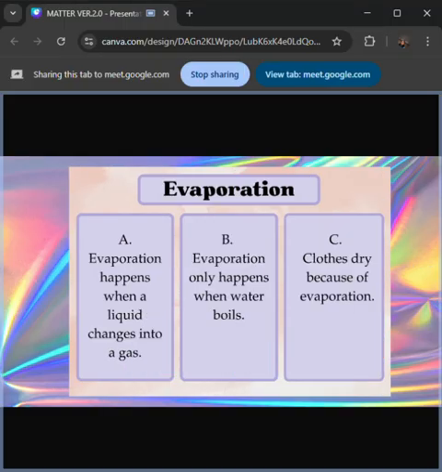So evaporation. Anyone who can answer which of the statements is incorrect or is a lie? Okay, so I'm actually not hearing anyone here on the line with me.